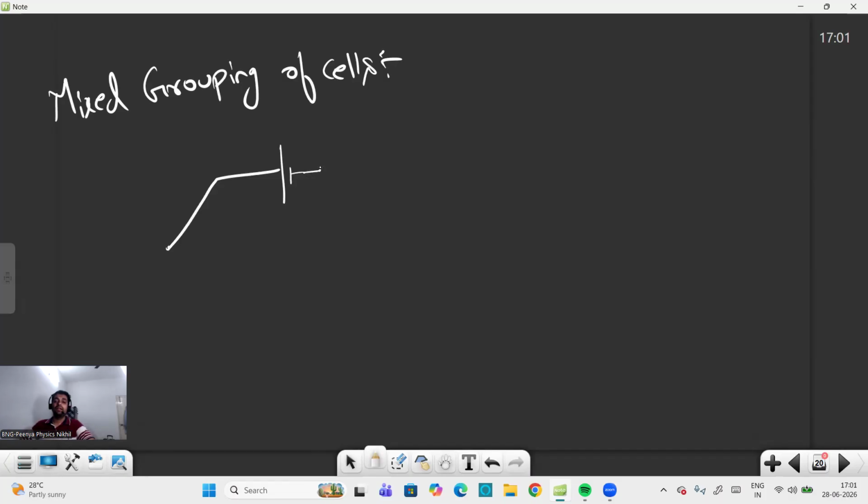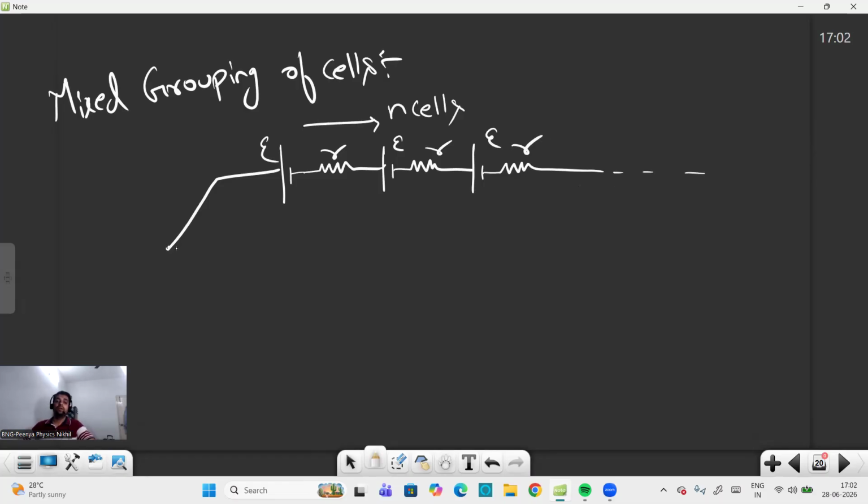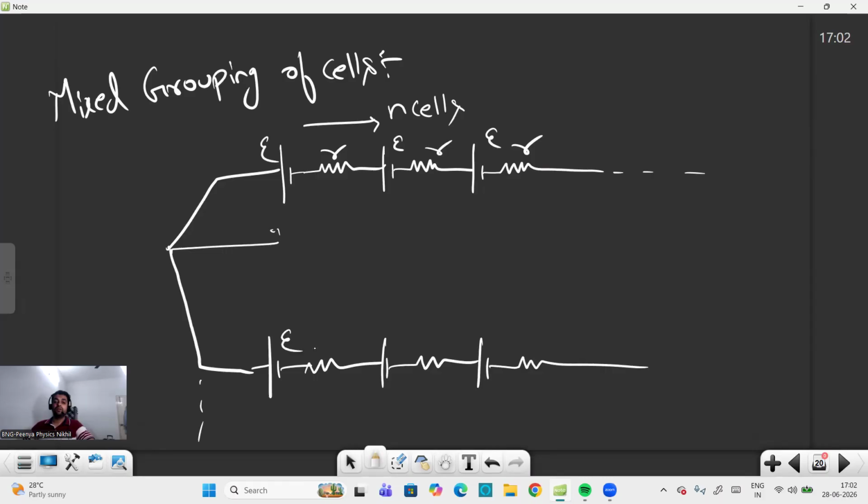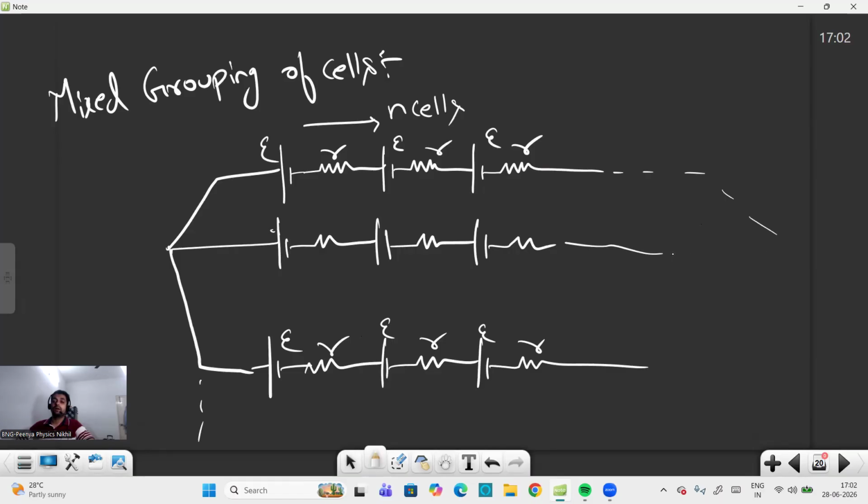For example, if n cells of equal EMF are connected in series combination like this, continuous, each cell of equal EMF, and here m such rows are connected in parallel, n cells, m times.